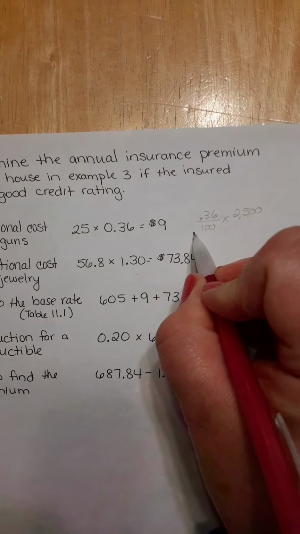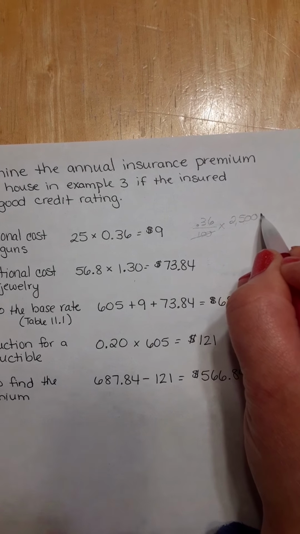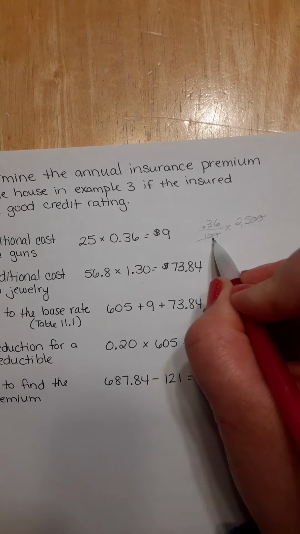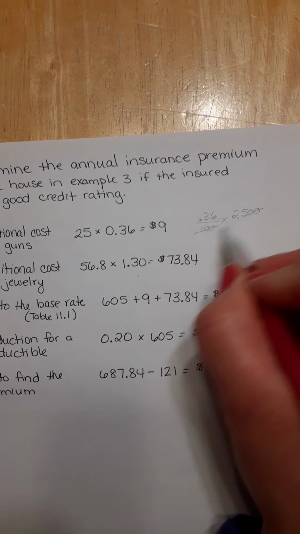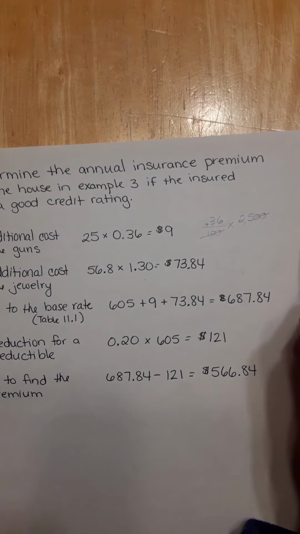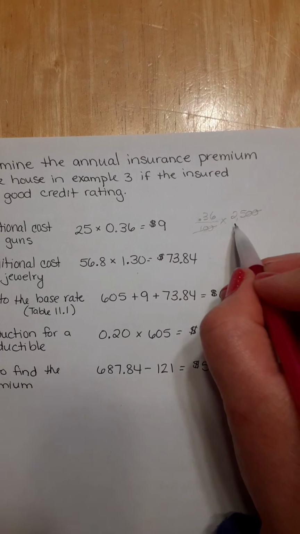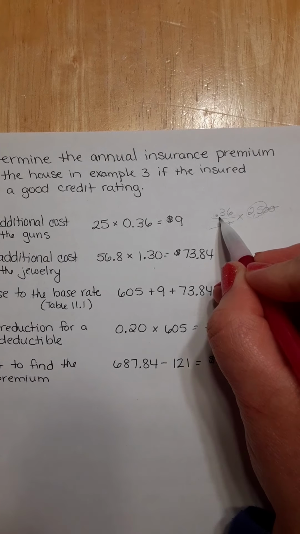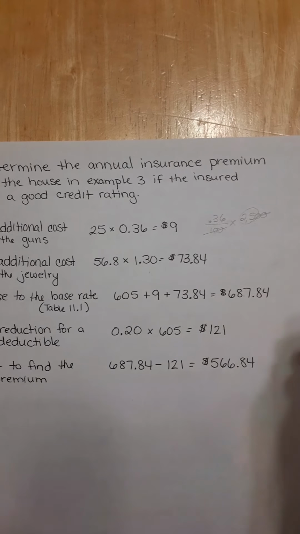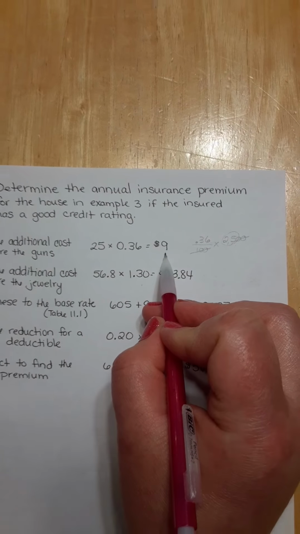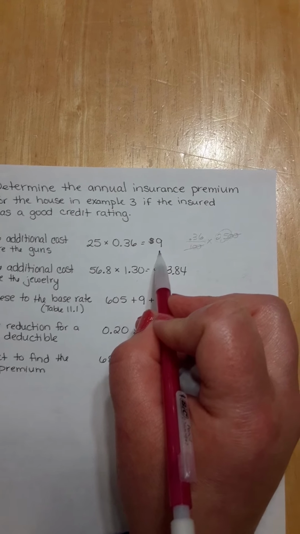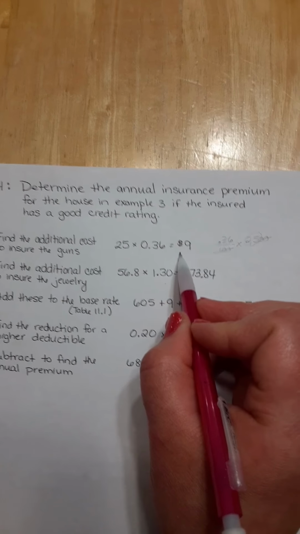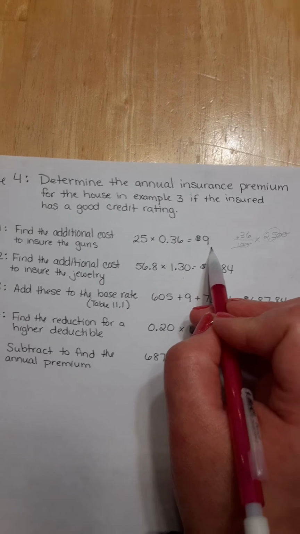If I cancel these out, the two zeros of the $100, when they are on top and bottom, they cancel each other out. And this is where they get the 25 from. So 25 times the 36 cents gives me the value of $9. This is how much extra having those guns put to our homeowners insurance cost us.